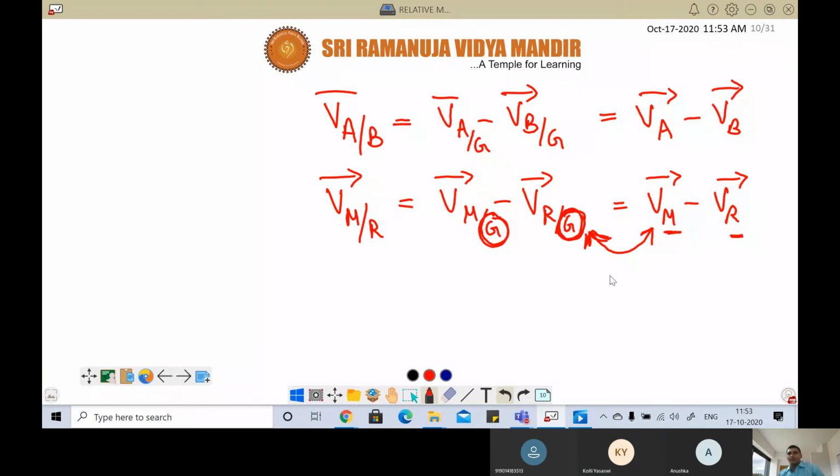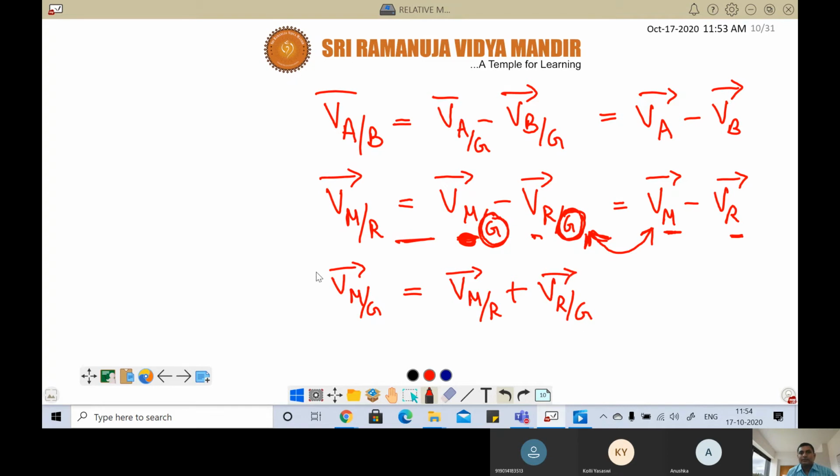Now I'm taking this equation. Velocity of man with respect to ground is equal to, now I want this quantity, so I should send this one to this side. That means velocity of man with respect to river plus velocity of river with respect to ground.